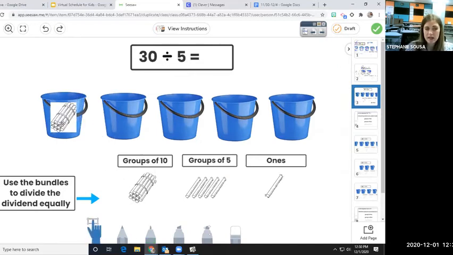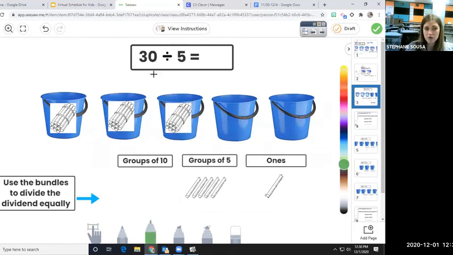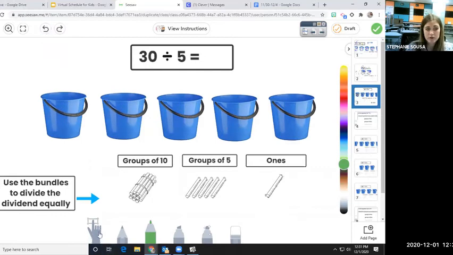If I go 10 in the first bucket, 10 in the second bucket, and 10 in the third bucket, uh-oh, I'm already at 30 and there's nothing in the other two buckets. So I can't use tens. They're too big. So I'm going to have to put all those back. I'm going to use the backwards arrow to get those put back. Tens don't work. So let's go down to fives.